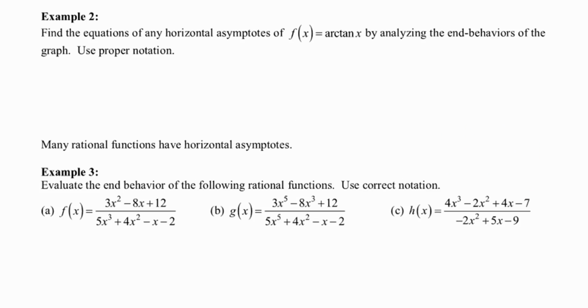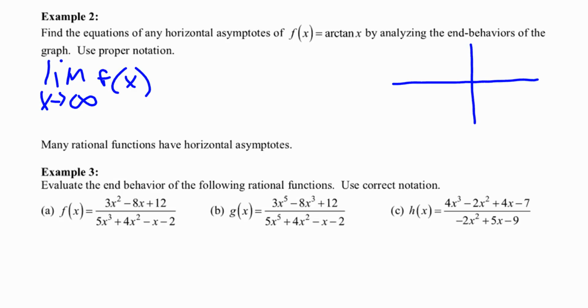Find the equations of any horizontal asymptotes of this function by analyzing the end behaviors of the graph. So what we're doing is we're taking the limit as x approaches infinity of arctan of x. Now, hopefully you know what that graph looks like. I'm sure that you do. It looks something like this, and it has these horizontal asymptotes on either side. If you don't know that, then you should at least know the graph of tangent of x, and think of where tangent of x has vertical asymptotes.